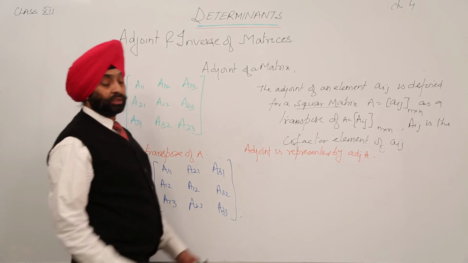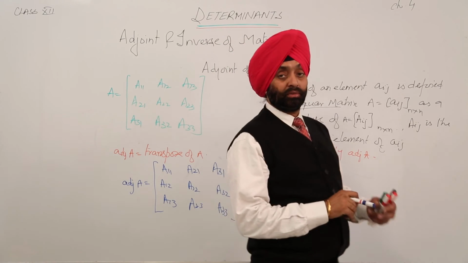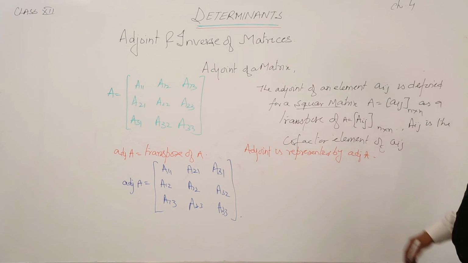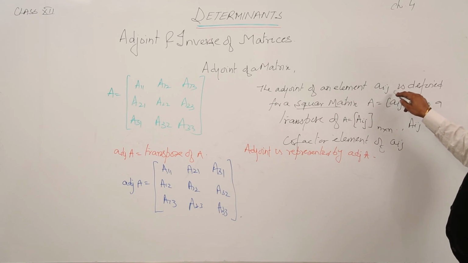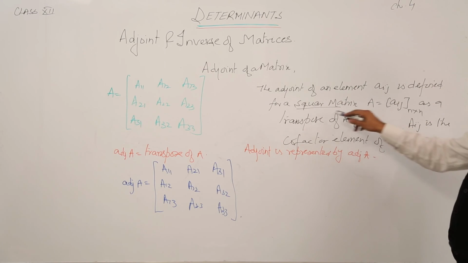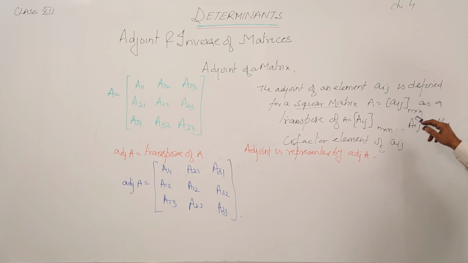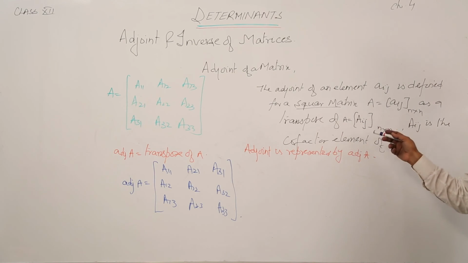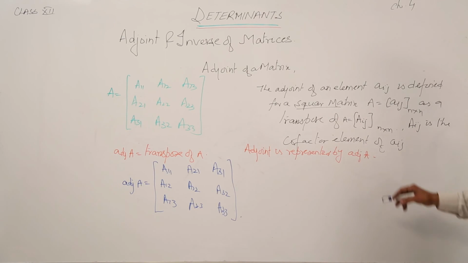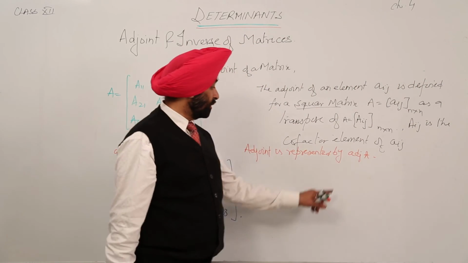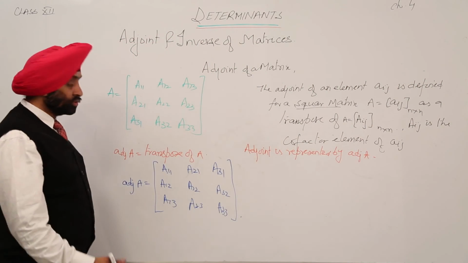So this is the adjoint. Once again, how is the adjoint of a matrix defined? The adjoint is defined for a square matrix A equal to [aij] of order n by n, as the transpose of the matrix [Aij] of the same order, where Aij is the cofactor of the element aij, and it is denoted by adjoint A. So this is the adjoint.